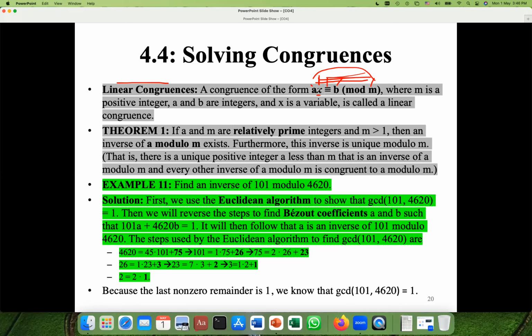Previously, in the previous slide, we didn't have any x. We had directly A congruent to B modulo M. We had equations like that in previous slides. But now here we have another variable x. And when you have this variable, then this is called a linear congruence. You have to keep it in your mind.